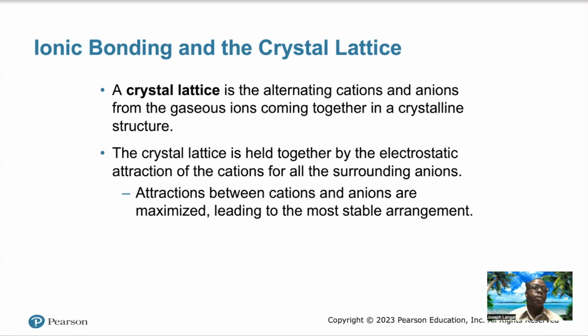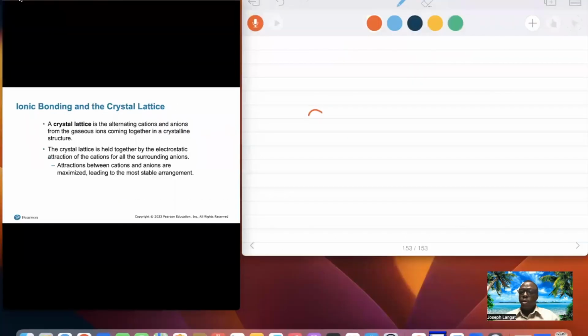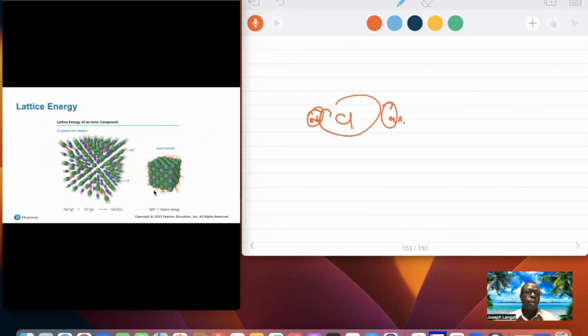There is alternating sodium, chlorine, sodium, chlorine. The crystal lattice is held together by electrostatic attraction of cation and anion, positive, negative, positive, negative.